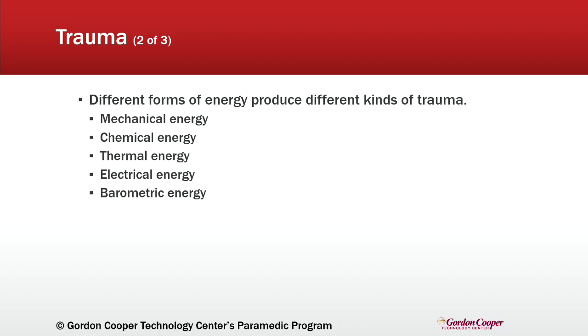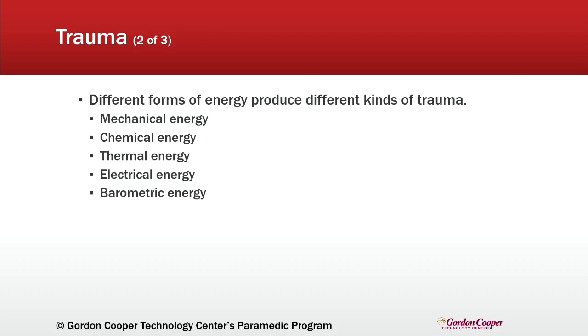There are different types of energy that can cause different types of injuries. The first that we're probably most familiar with is mechanical energy. It involves energy from motion, kinetic energy, or energy from a stored object, known as potential energy. Chemical energy is released during a chemical reaction that can cause burns or tissue damage.